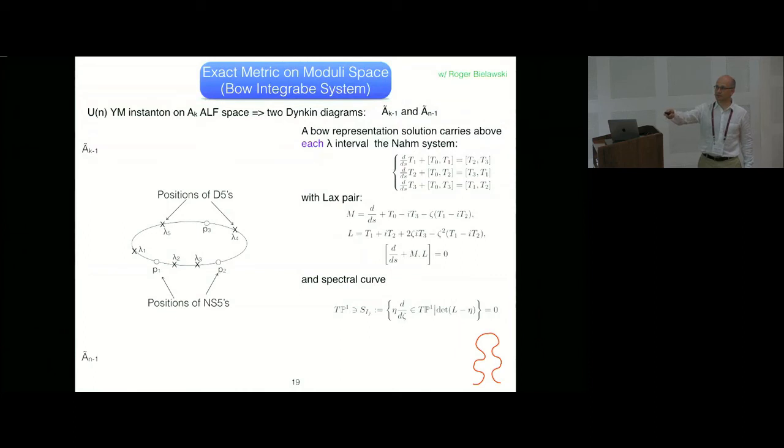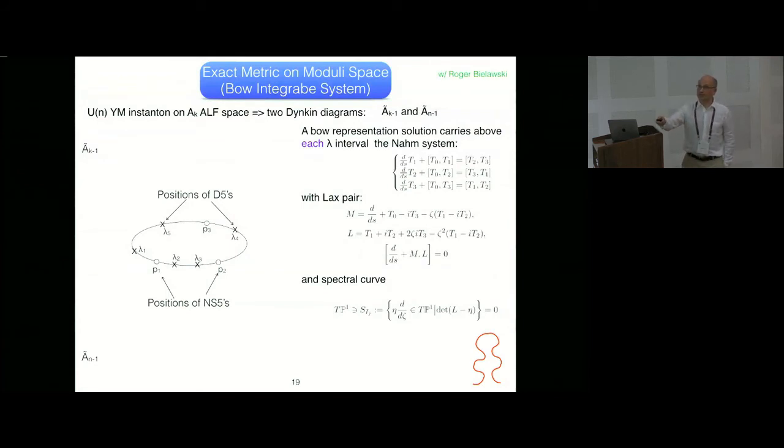There is some auxiliary parameter here, zeta, and then this L and M combination satisfy this system. So this is a Lax pair for the system of equations. If you open it up and look at each power of zeta, then you recover these three equations.